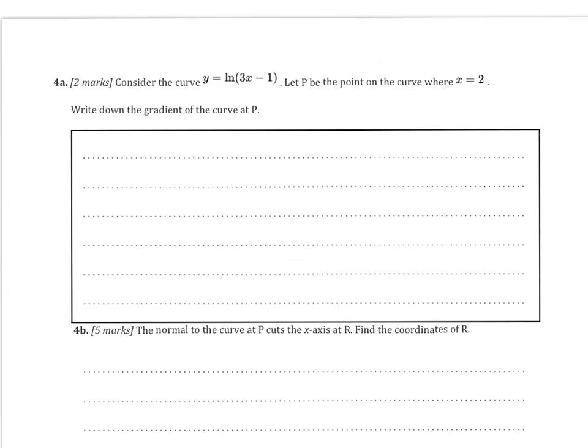So one of the tricky things about this one is that when we're differentiating this function, we have to remember to use chain rule. So setting u to be 3x minus 1, because that's a function in the function, that gives us du dx is 3. And if we make u 3x minus 1, then y now becomes ln of u.